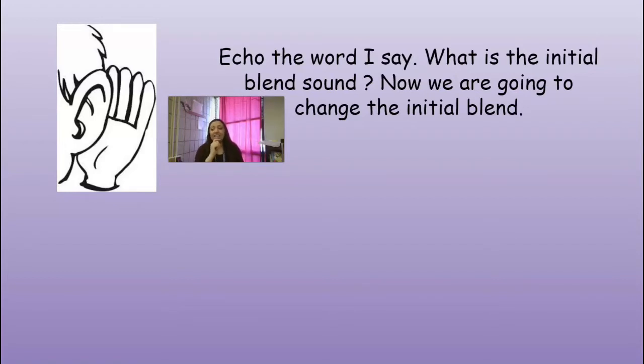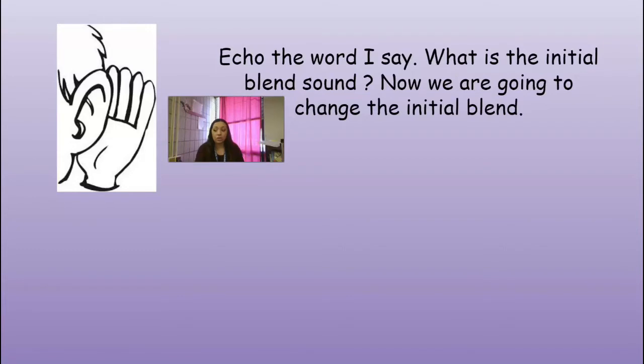Scan, very good. What about the initial blend in slate? Slate. Sl, very good. So you're going to change the sl to a fr. Freight, good job. What's the initial blend in track? Track.